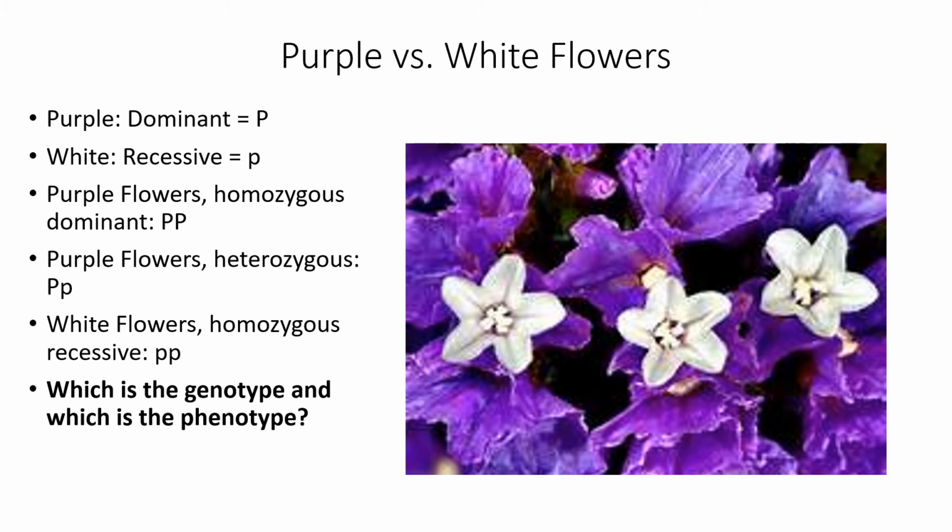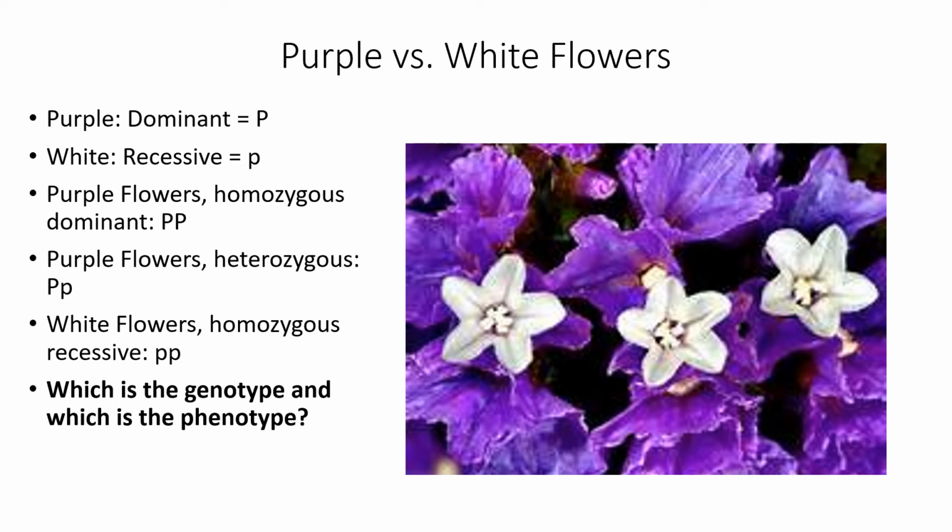So purple and white flowers, kind of similar thing, but purple is considered dominant while white is recessive. So capital P for the dominant purple, lowercase p for white recessive. So again, it's kind of repeating the first one, but notice again, what is the genotype and the phenotype for these different combinations?